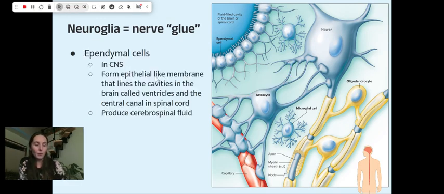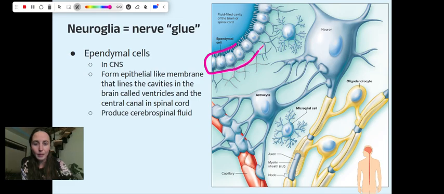All right, finally, for the glial cells in the central nervous system, we've got ependymal cells. These, again, are only in the central nervous system. They form an epithelial-like membrane that's going to line cavities in the brain called ventricles. It's also going to line some cavities in our spinal cord. So you can see they pack together really tightly.